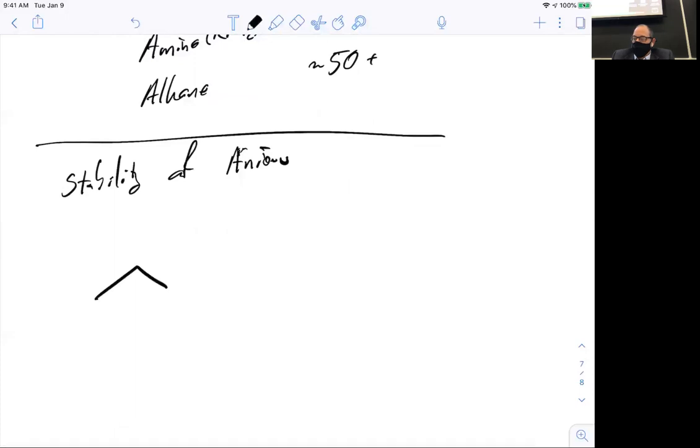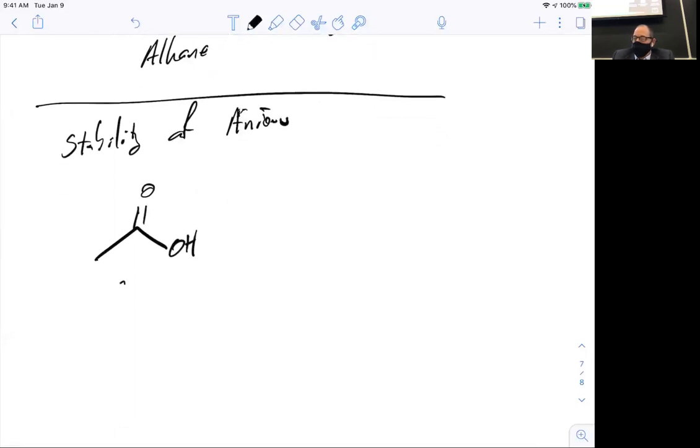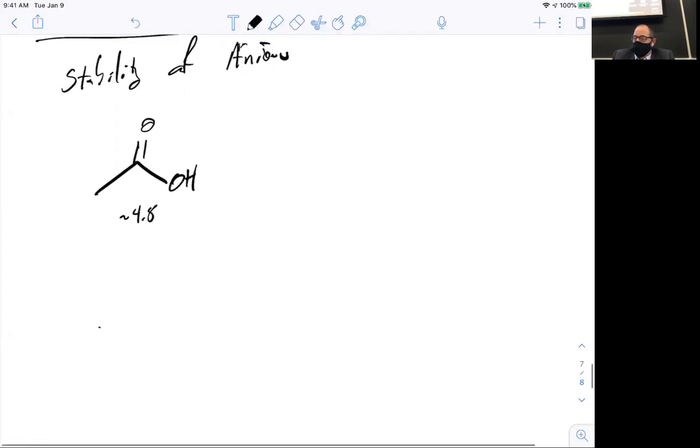So if I'm going to compare this, which I know has a pKa value of about 4.8, and if I'm looking at this, and let's go ahead and make it isopropanol, which has a pKa, I think, of 14.9. Don't hold me to that. So these are our pKa values.